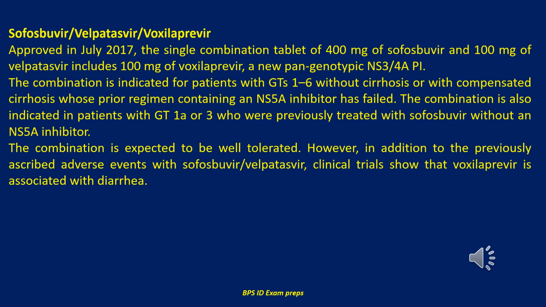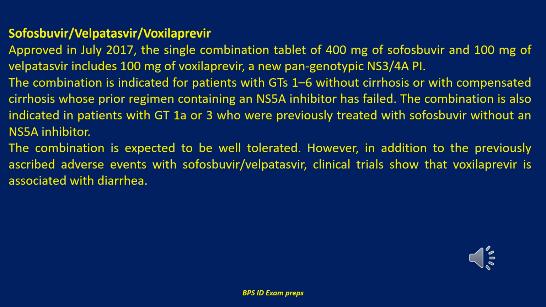Next we will discuss the combination of sofosbuvir plus velpatasvir plus voxilaprevir. Approved in July 2017, the single combination tablet of 400 mg of sofosbuvir and 100 mg of velpatasvir includes 100 mg of voxilaprevir, a new pan-genotypic NS3/4A PI.